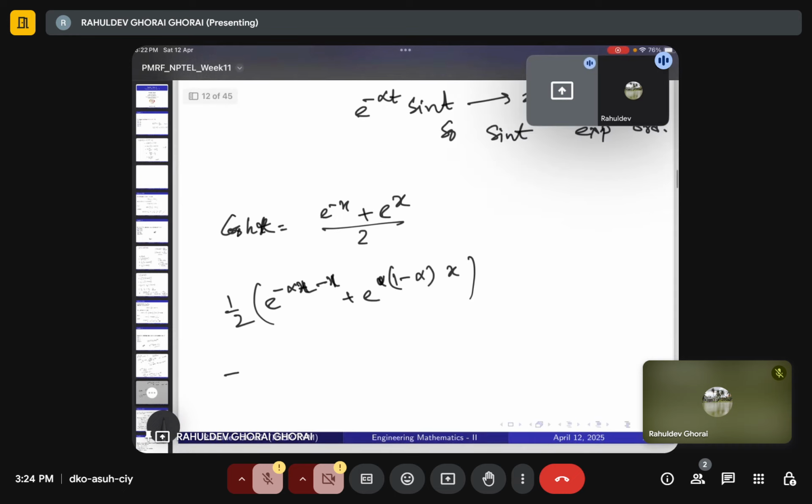I mean, what you can see from here is e to the power minus of alpha plus 1 x plus e to the power 1 minus alpha x.